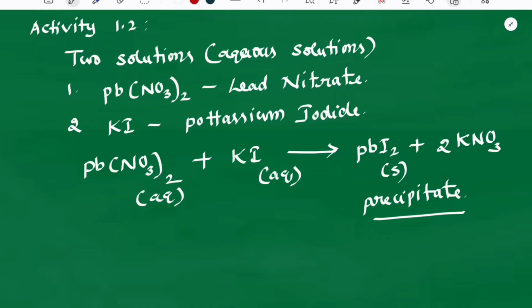That type of substance is called a precipitate. Just keep this activity 1.2 in your mind also. Here aqueous, here solid, and this potassium nitrate is also aqueous.